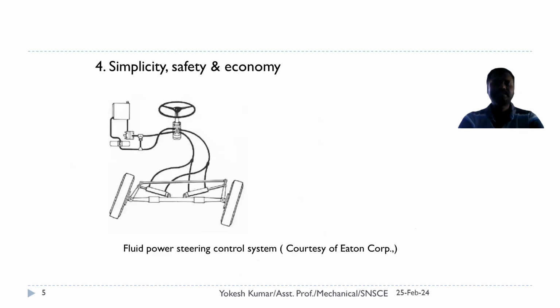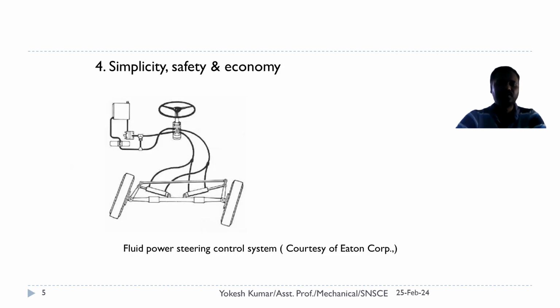Then simplicity, safety, and economy. Here, in this illustration, you can see a power steering control system. It is used to steer vehicles when the driver wishes to corner. This is courtesy of Eaton Corporation.